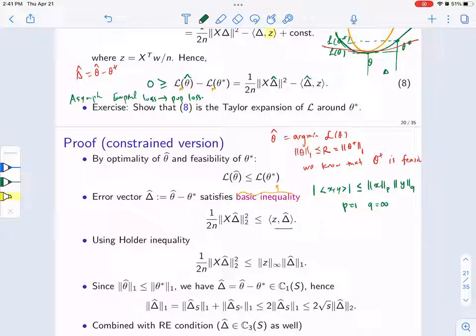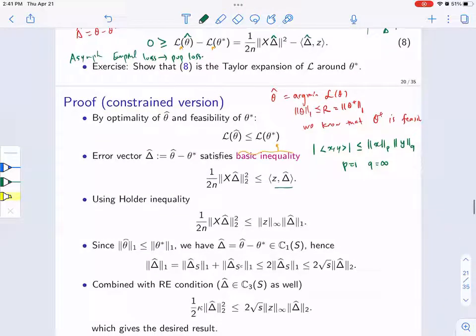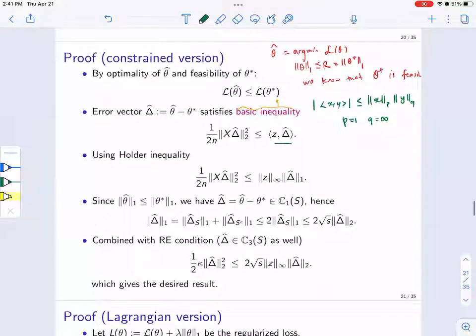So this is going to be bounded by Z infinity and the L1 norm of this. If you do Cauchy-Schwarz, you get the L2 norm, and the end result is that the L2 norm of Z appears. This approach allows you to use the infinity norm here, and the L1 is nice because you're optimizing L1 already. So this is where the L1 really shines.